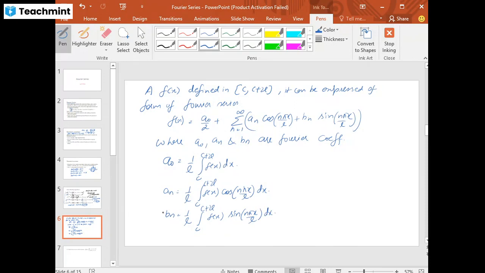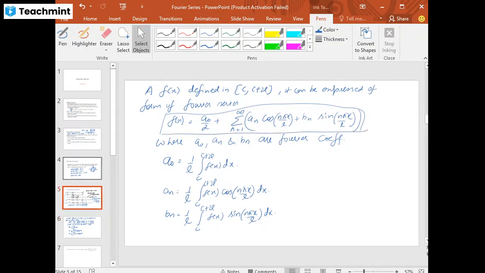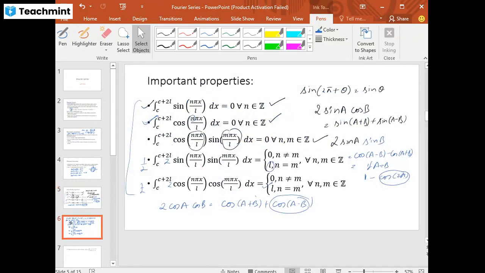So this is also called the Euler's formula for the Fourier coefficients, and this formula can be derived from this Fourier series itself with the help of the formula which we have discussed in the last slide. How is it?